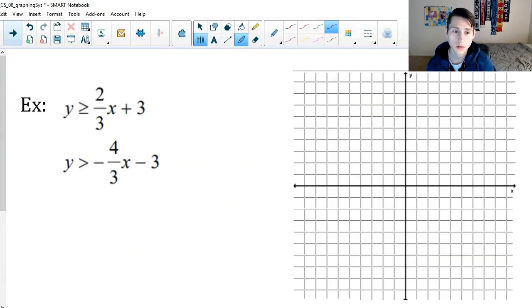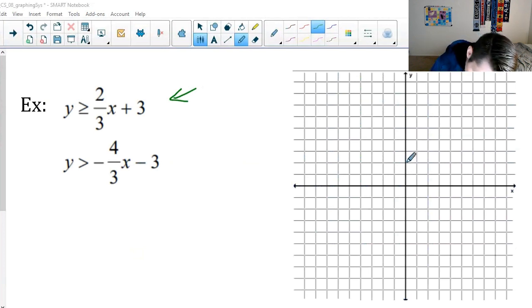All right, so these are both already in slope-intercept form. So let's just go ahead and graph them. So plus 3 is my y-intercept. Rise over run, 2 over 3, so up 2, right 3, up 2, right 3. Or go the other way, go down 2, left 3, down 2, left 3.